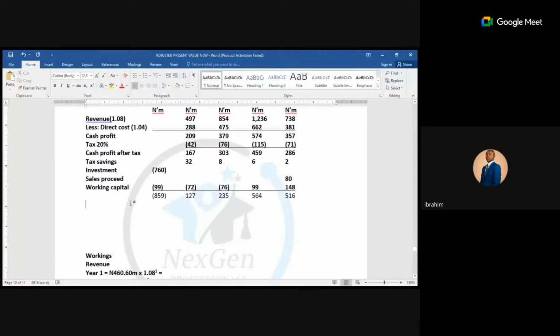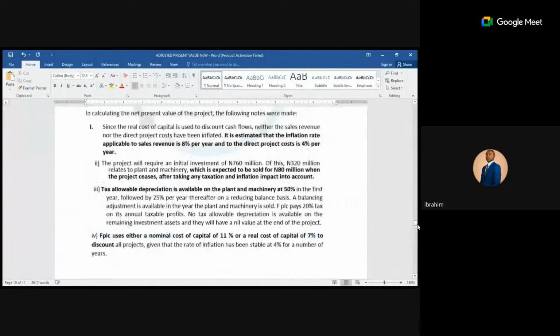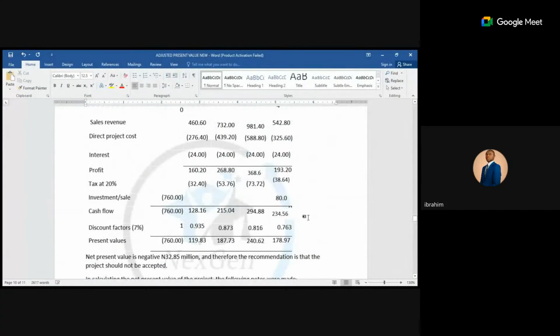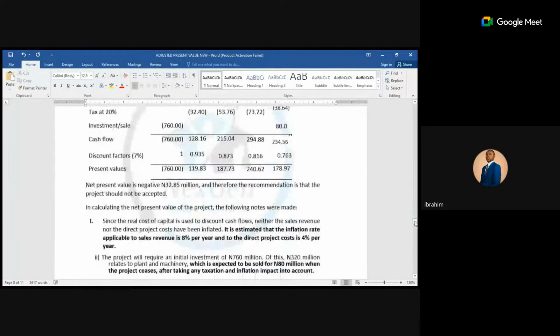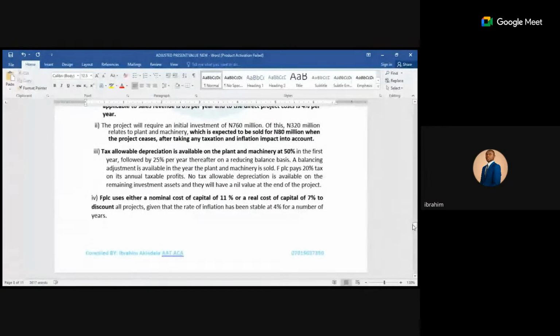So we have to discount using the money cost of capital given to us in this question. What is the money cost of capital given to us in this question? 11%. Class, don't forget, if the examiner wants to change this question, they may not give you the money cost of capital.